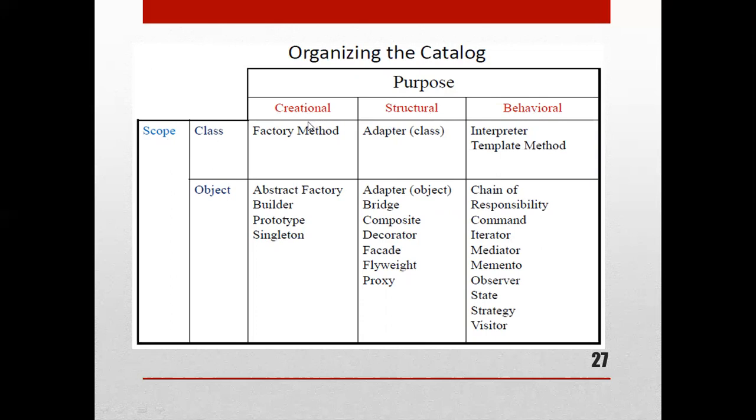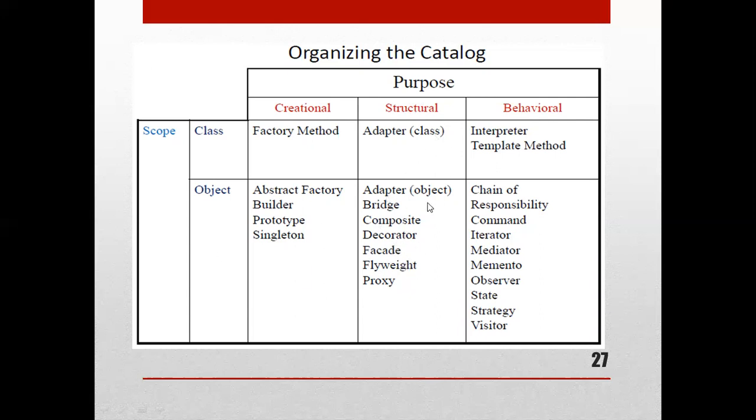For the creational purpose, the class scope includes factory method, and for objects, abstract factory, builder, prototype and singleton. Similarly for the structural purpose, the class scope is adapter, and for objects it also includes the adapter. Then bridge, composite, decorator, facade, flyweight, and proxy. These are for object scope.